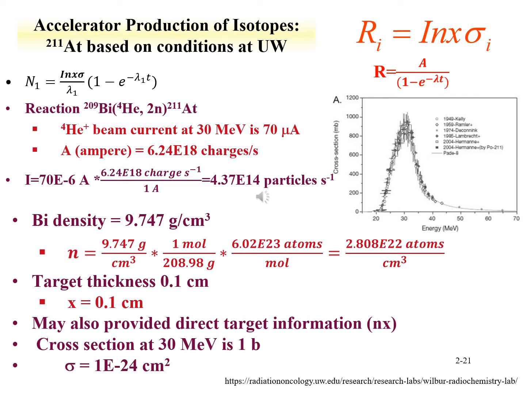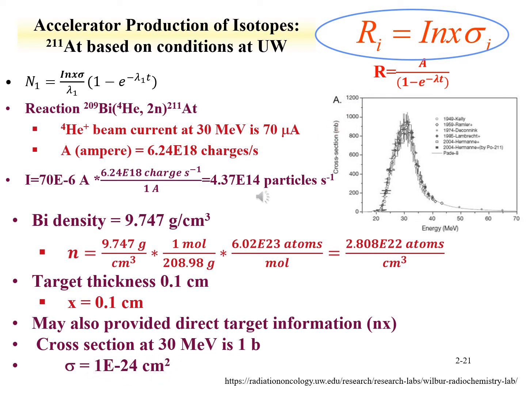The equation that was used is shown here, and the components of this equation, as a reminder, include your beam current, which ultimately is particles per second, so it's the projectile particles hitting the target, and then target information, which includes the atom density, so atoms per centimeter cubed, times the target thickness, that'll get centimeters squared, and then we get the cross-section, which is shown here from experimental data, and this cross-section for this reaction is about 1,000 millibarns, so that's 1 barn, and we'll use that as the cross-section.